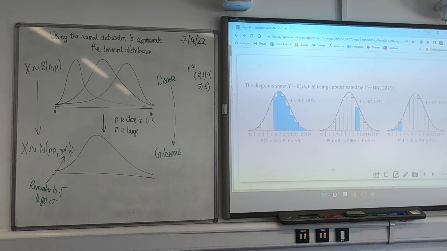And if you look on page 8 in the formula book, under discrete distributions, it gives you the mean and the variance for a binomial distribution. The mean is np and the variance is np times 1 minus p.